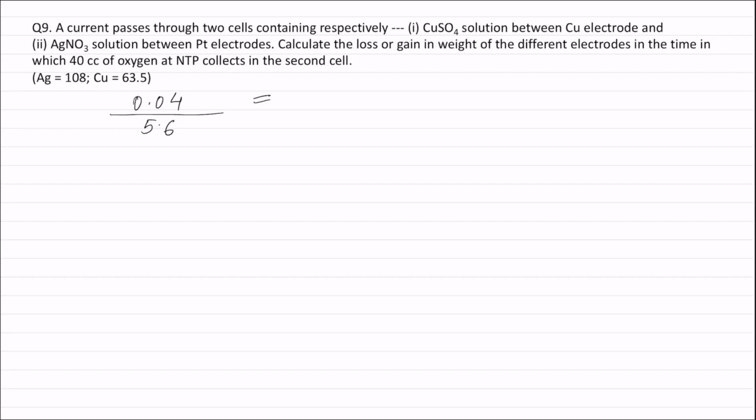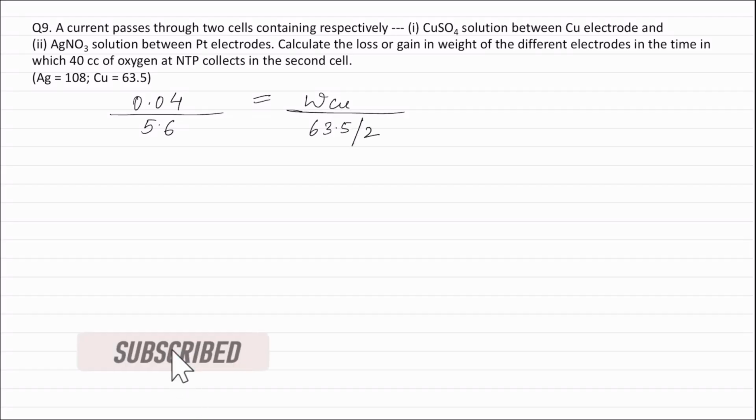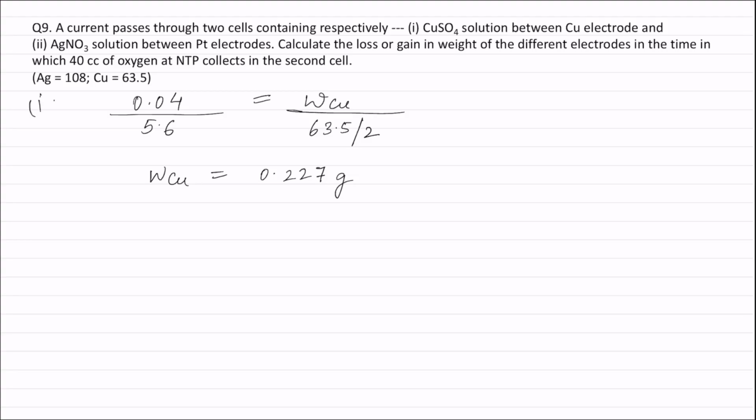Equivalence of copper will be equal to weight of copper divided by equivalent weight of copper, which is equal to 63.5 divided by 2. Solving this equation, weight of copper is equal to 0.227 gram. Therefore, 0.227 gram of copper gets deposited at the cathode, and the same amount of copper, that is 0.227 gram, dissolves out from the copper anode. This is the first part of the question.